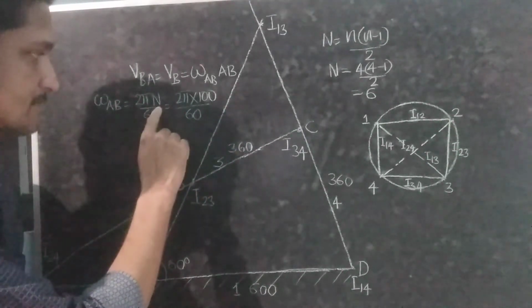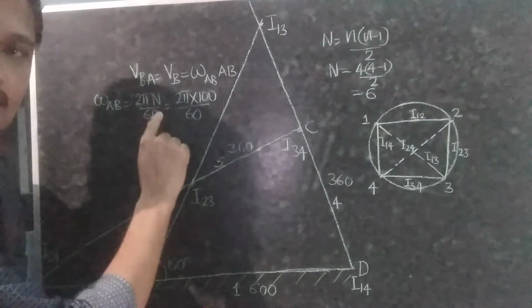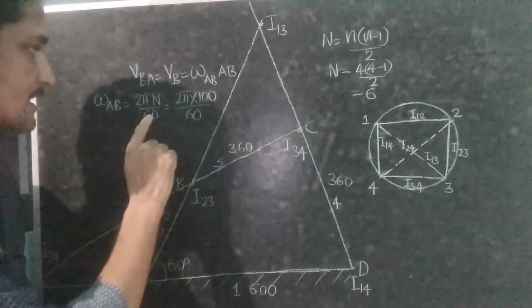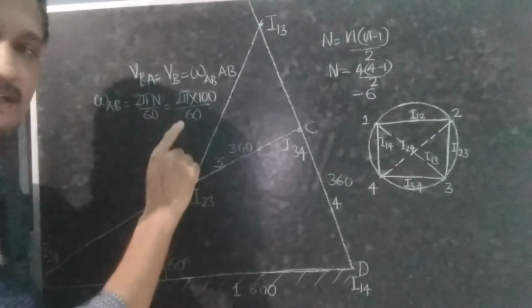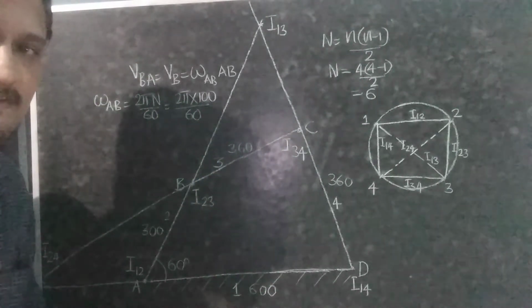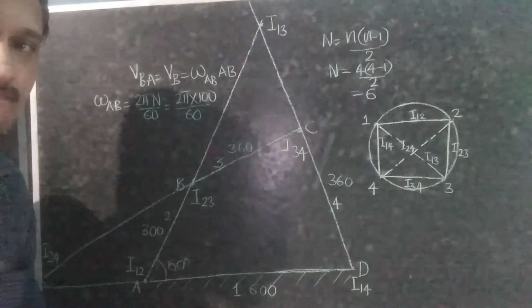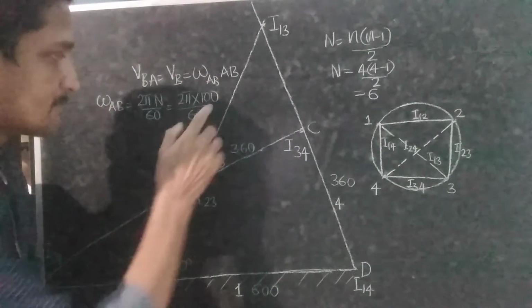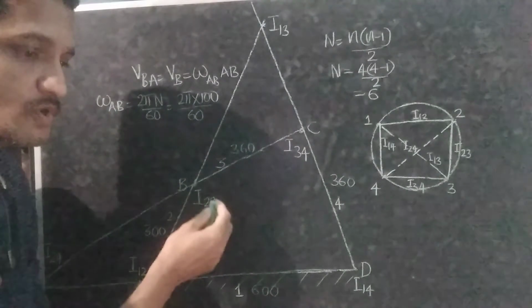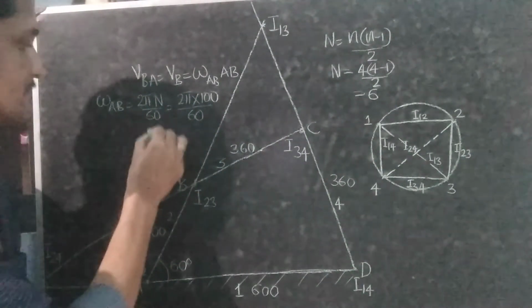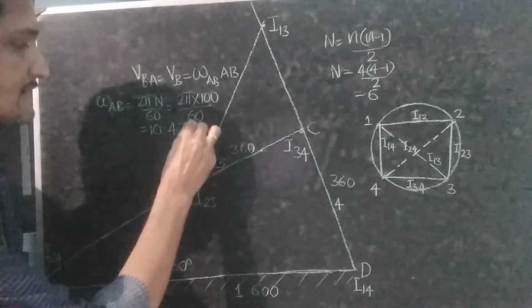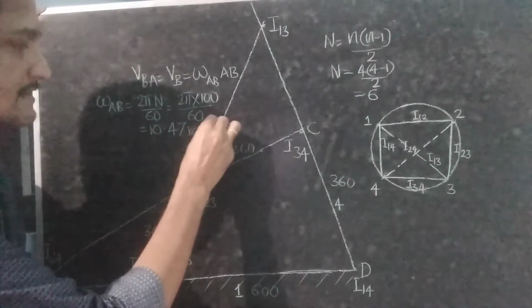That means n is equal to 100 rpm. Then omega AB is equal to 2 pi into 100 by 60, that's equal to 10.47 radian per second.